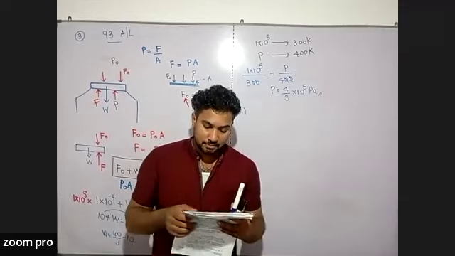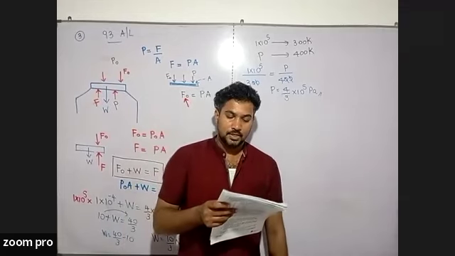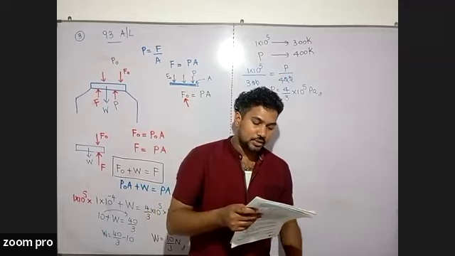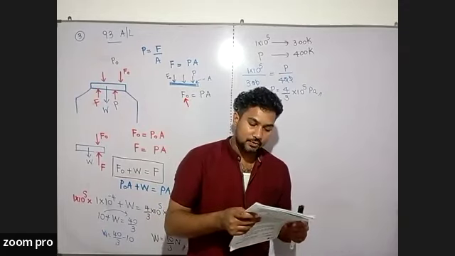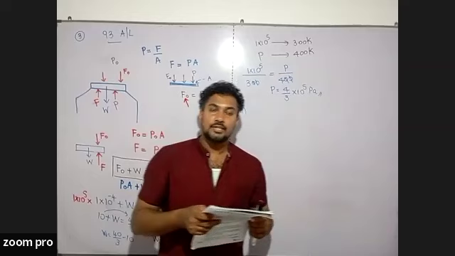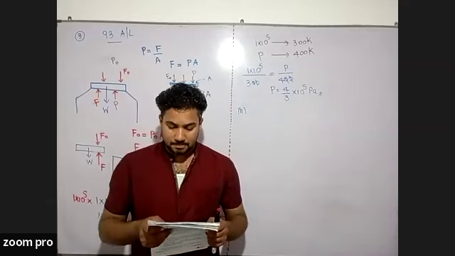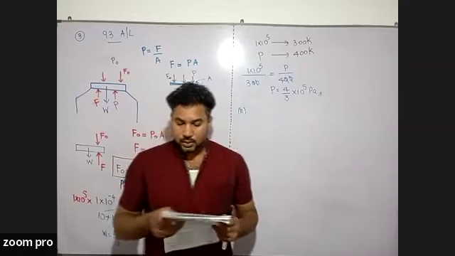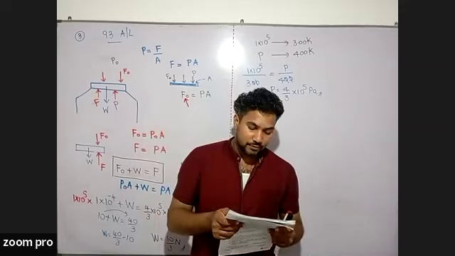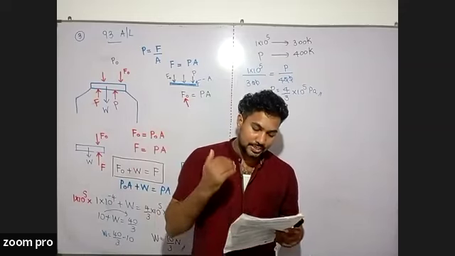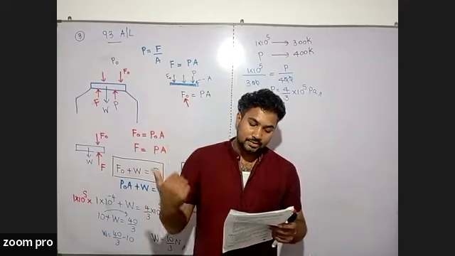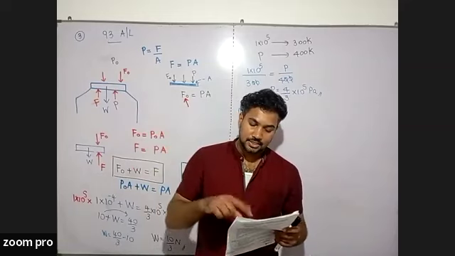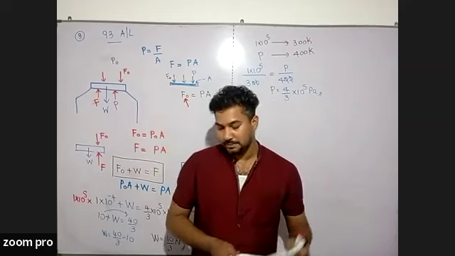Find the corresponding minimum value of W, assuming that some of the water still remains in liquid form at 127 Celsius, right? And also it is mentioned that the saturated vapor pressure of water at 27 Celsius and 127 Celsius are given respectively, right?